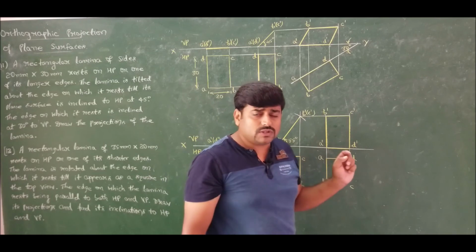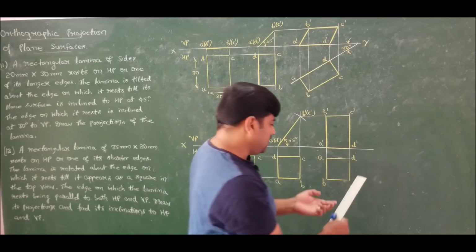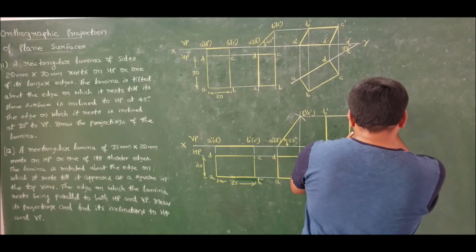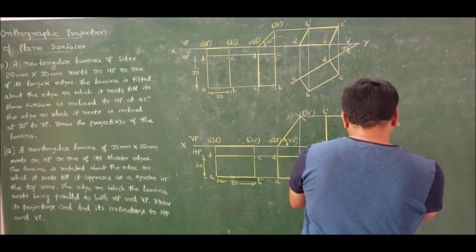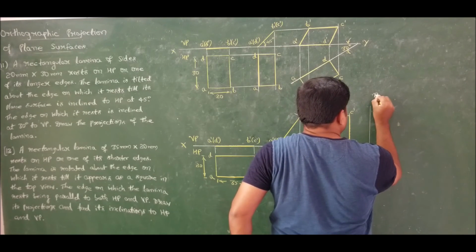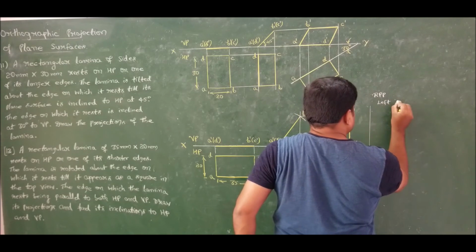So this is the XY line, but he is asking to find the inclination with both HP and VP. The inclination with both HP and VP can be visualized in the side view, so extract the side view for this problem. You know that in first angle projection, the right profile plane always yields the left side view.